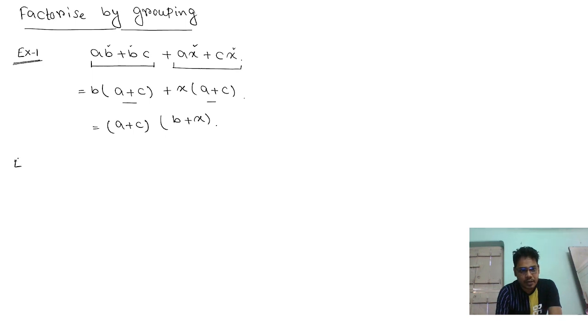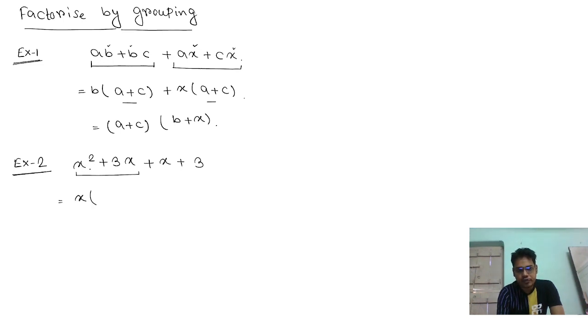Now example number 2, x squared plus 3x plus x plus 3. So here if you look in these first two terms, you can see that in both terms x is common.